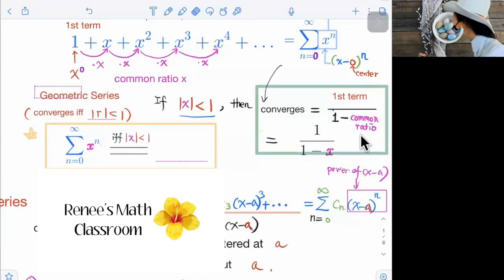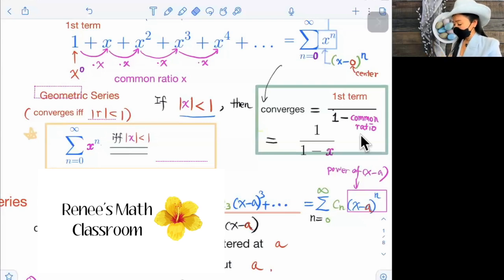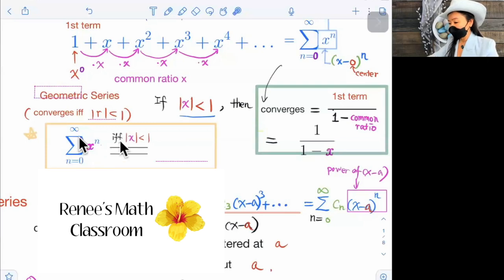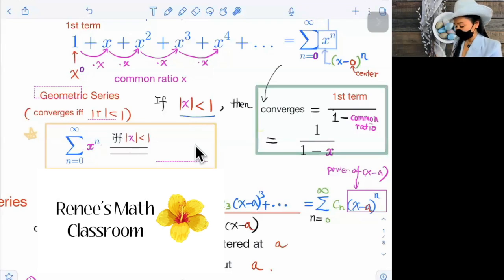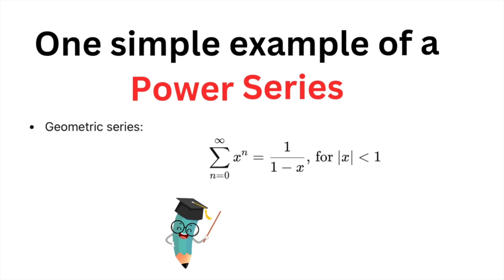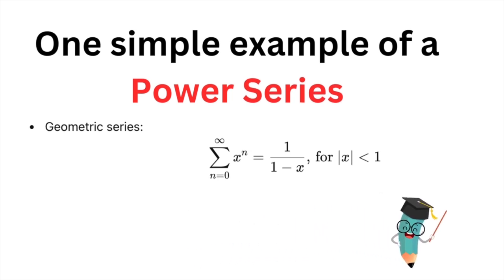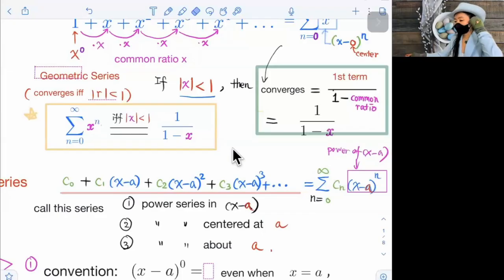This power series, which is a geometric power series, converges only if the absolute value of x is less than 1, and it converges to 1 over 1 minus x. So suppose x is between -1 and 1, then the series is equal to 1 over 1 minus x.